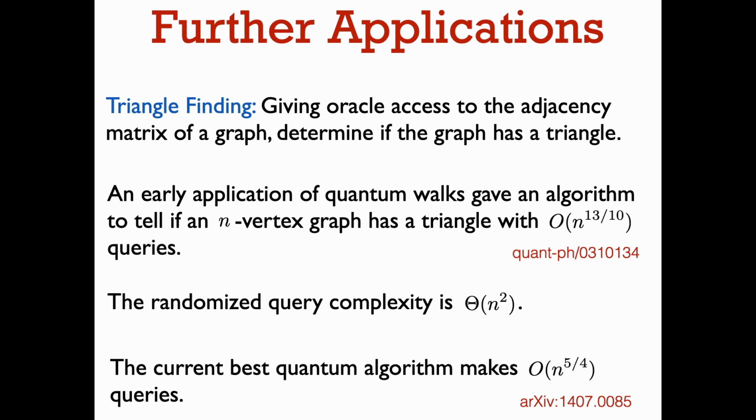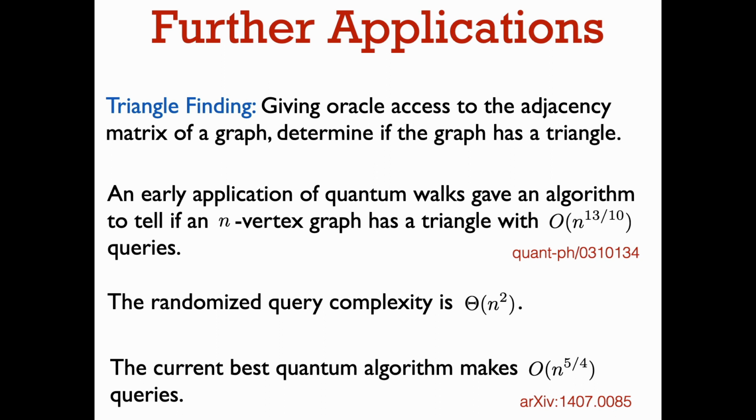Finally, let me finish off with one more application of a quantum walk. This is to the problem of determining if a graph has a triangle, when you have query access to the graph so that you can ask questions of the form, is there an edge between vertex i and vertex j? An early application of quantum walks gave a quantum algorithm for this problem, making n to the power 13 over 10 queries.